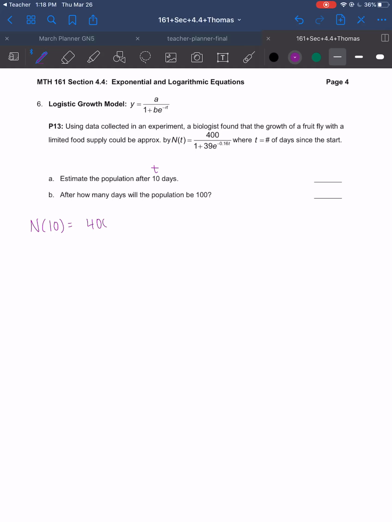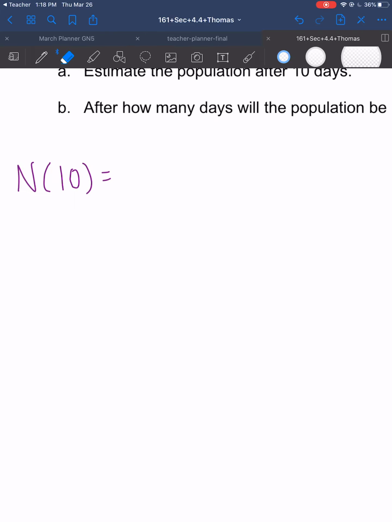So 400 over 1 plus 39, once again, let's write it so you can read it, 400 over 1 plus 39 e to the negative 0.16 times 10.